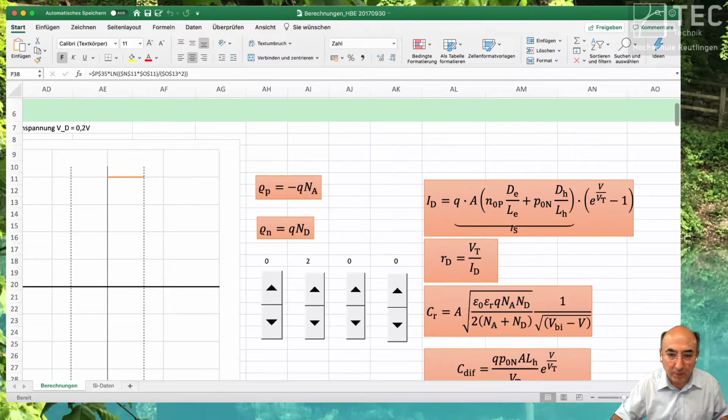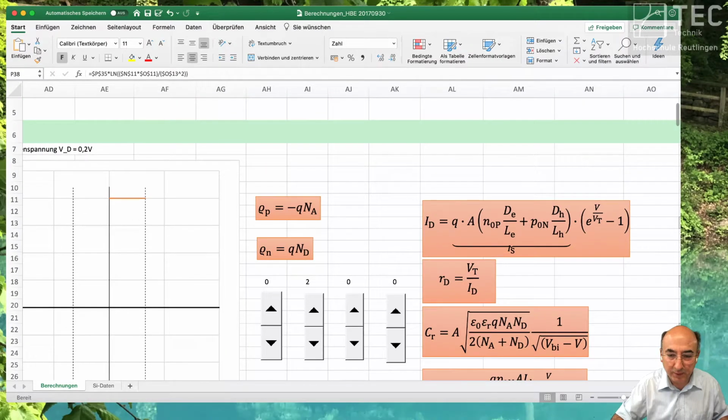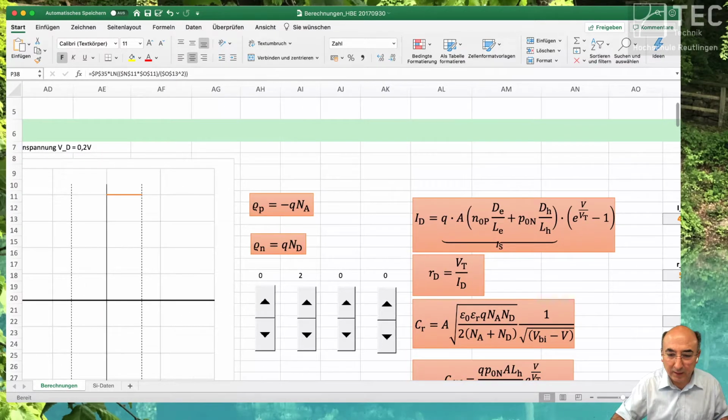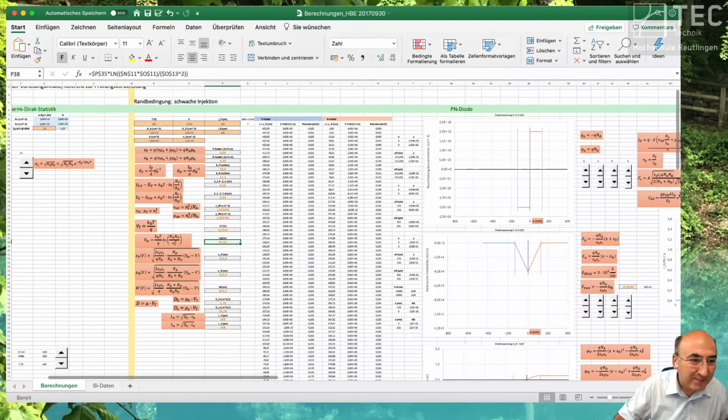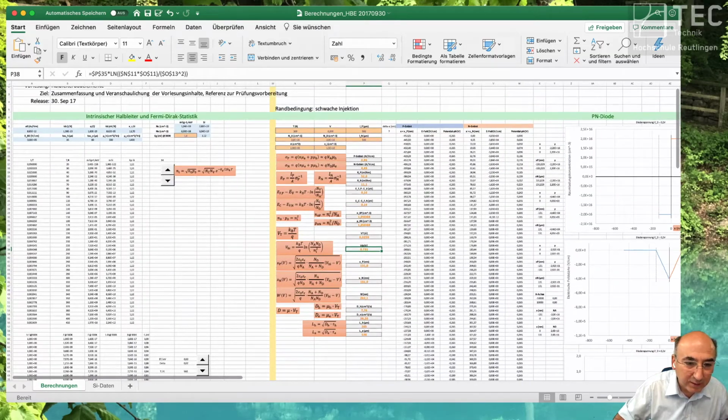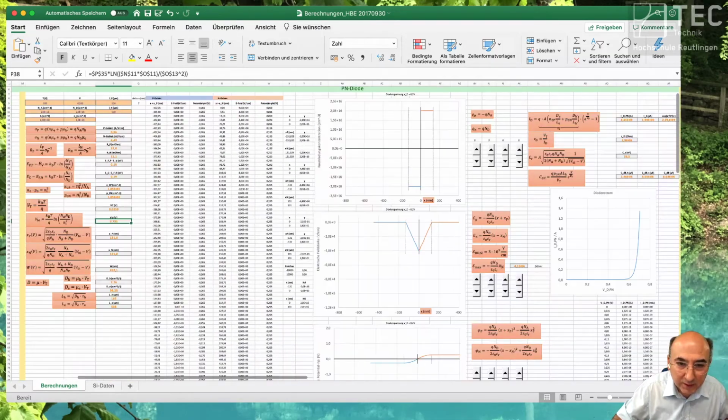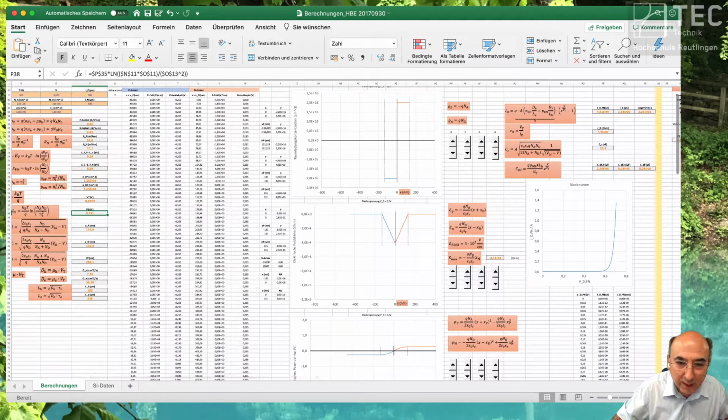I haven't done that immediately because due to the spreadsheet size, my spreadsheet for Mac requires some seconds or minutes to do that. Now we have it here, where we see this energy.